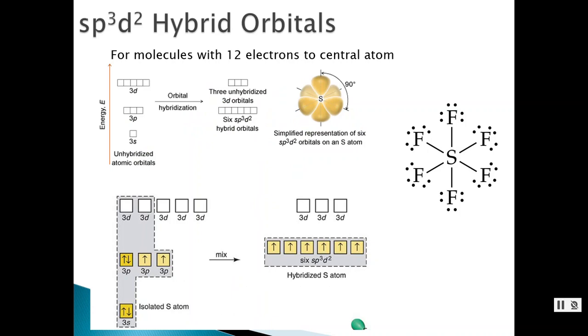We can also think about the possibility of sp3d2 hybrid orbitals.